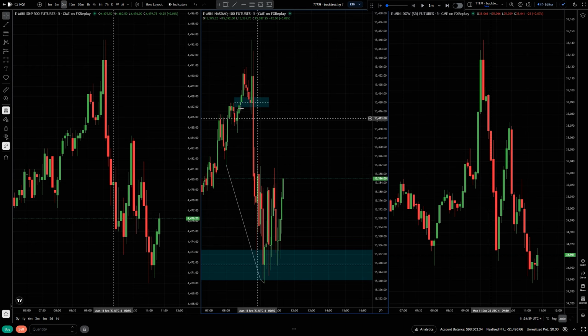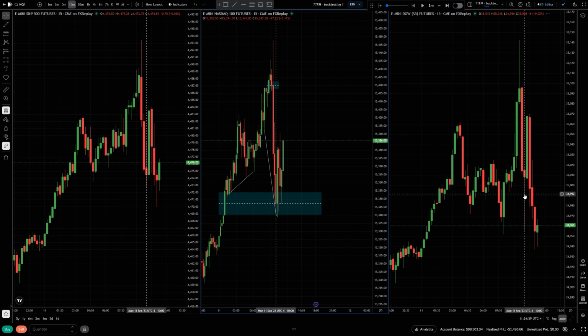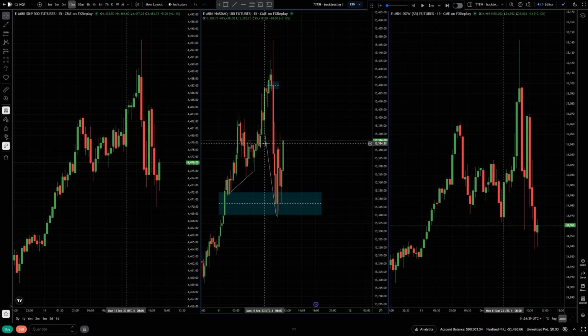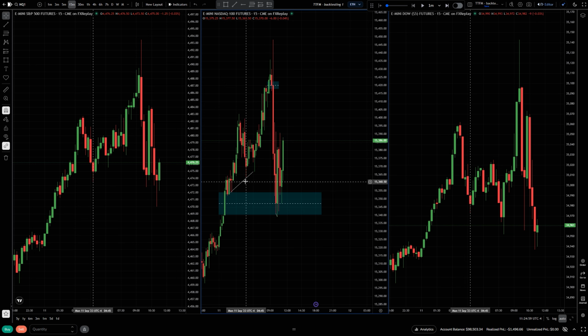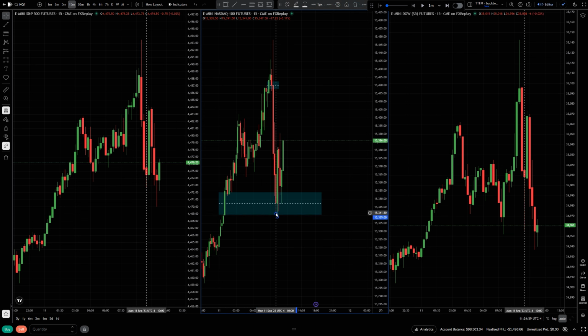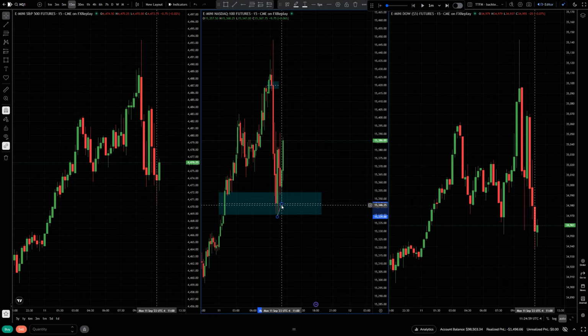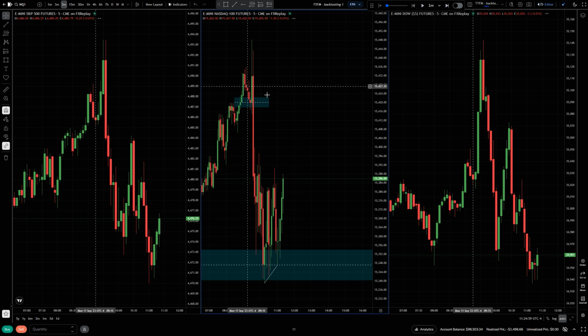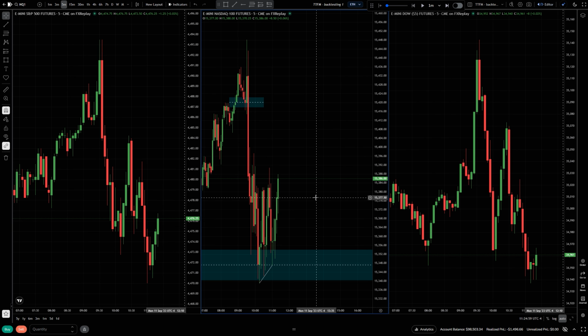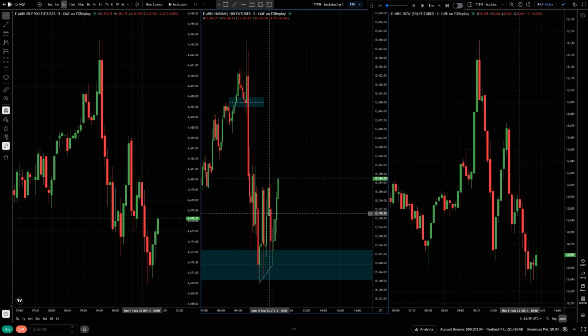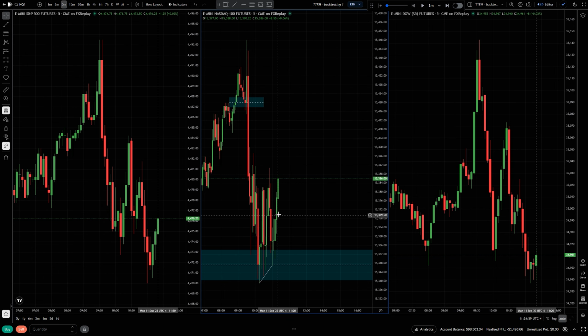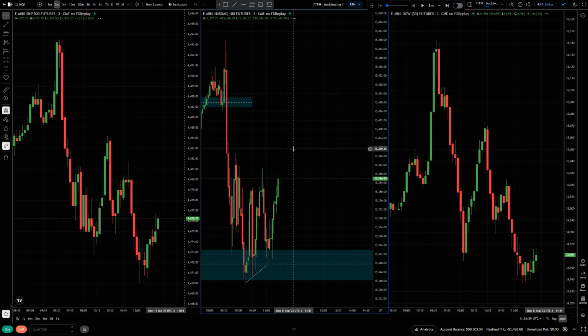Okay, we can see that for the moment we have switched strengths here with this SMT and PSB, and we are currently going up. We have invalidated this gap and created another gap on our way up.